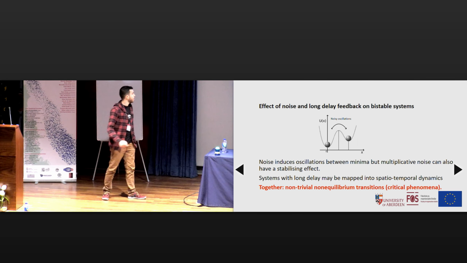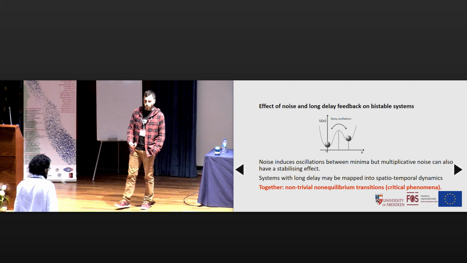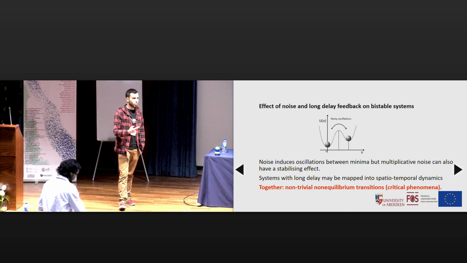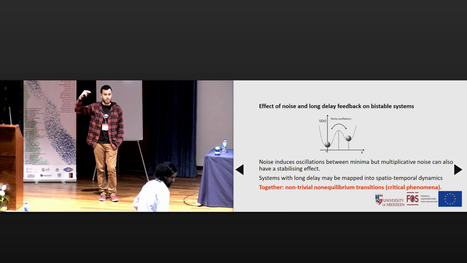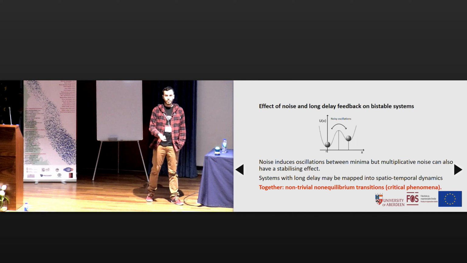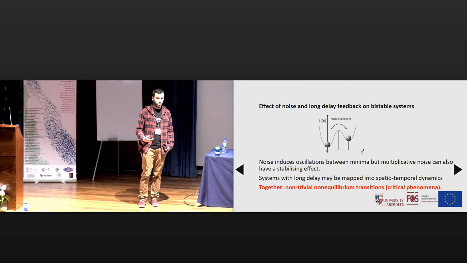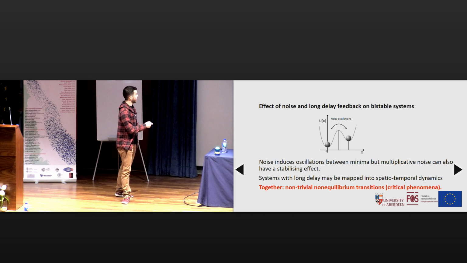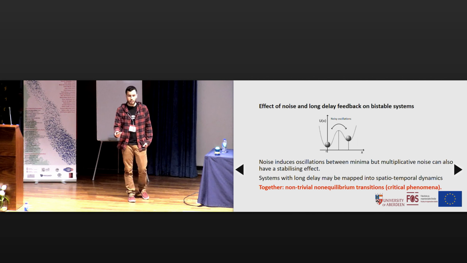So you agree with me that if you add noise to the system, the noise acts in two ways. The first way: suppose you are in the highest minimum and you act with some noise. If the amplitude is great enough, you can be pushed to the lowest minimum just by the effect of the noise.